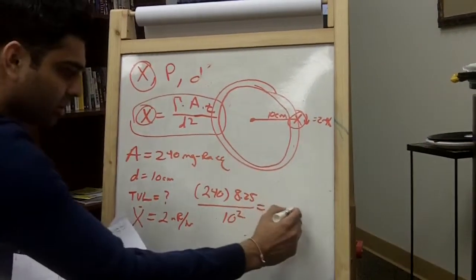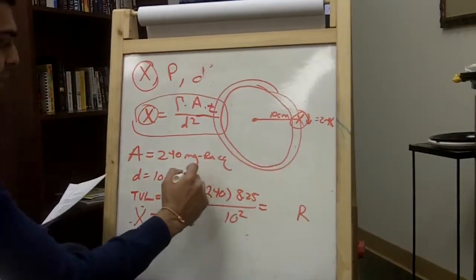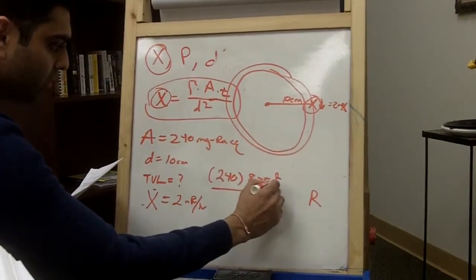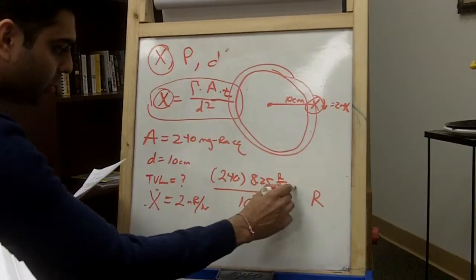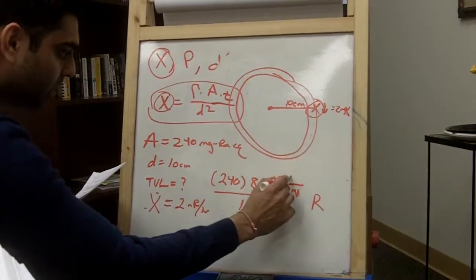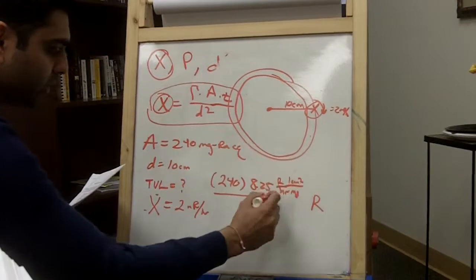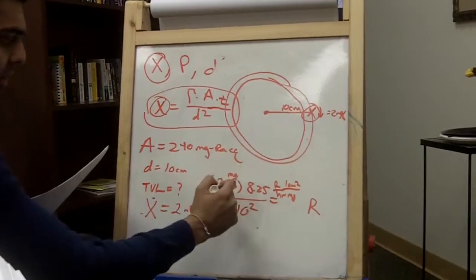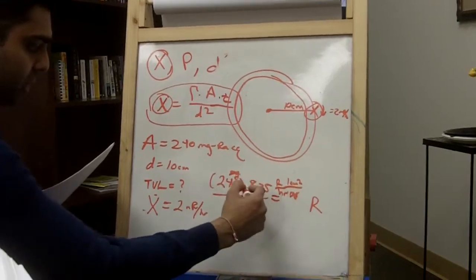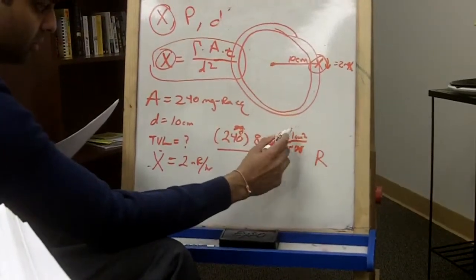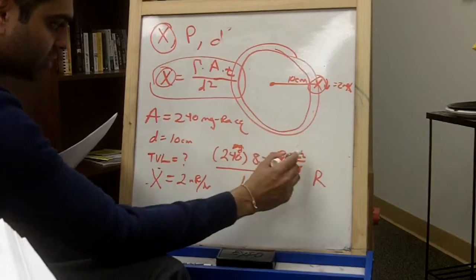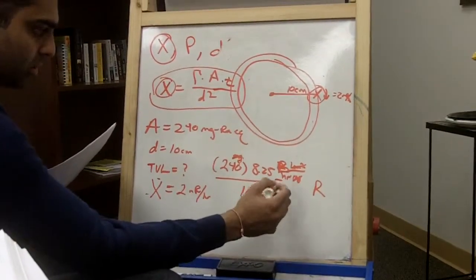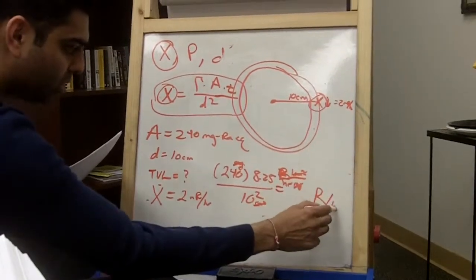This is going to be roentgens, because remember, the units of this are roentgens per hour per milligram at 1 cm, squared. So the milligrams are going to cross off, the roentgens are not, and the cm is going to cross off because this is cm squared. So we're left with roentgens per hour.